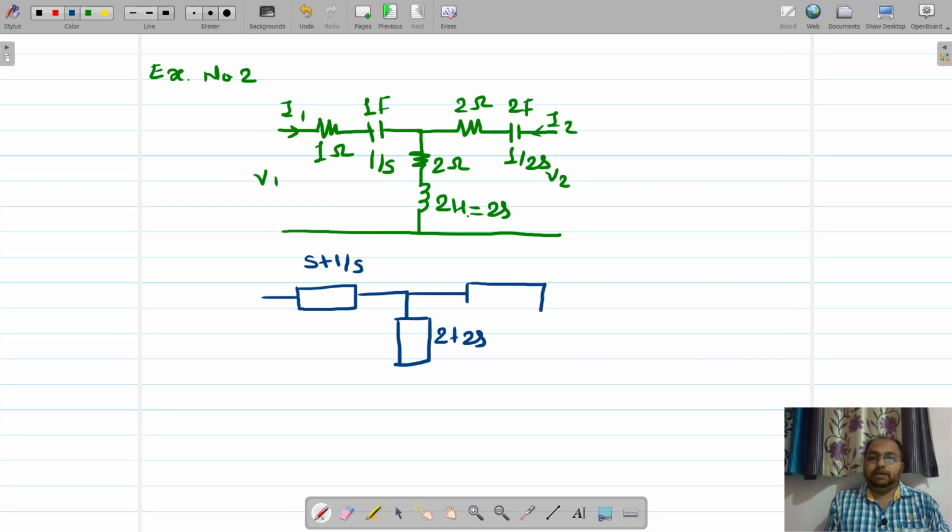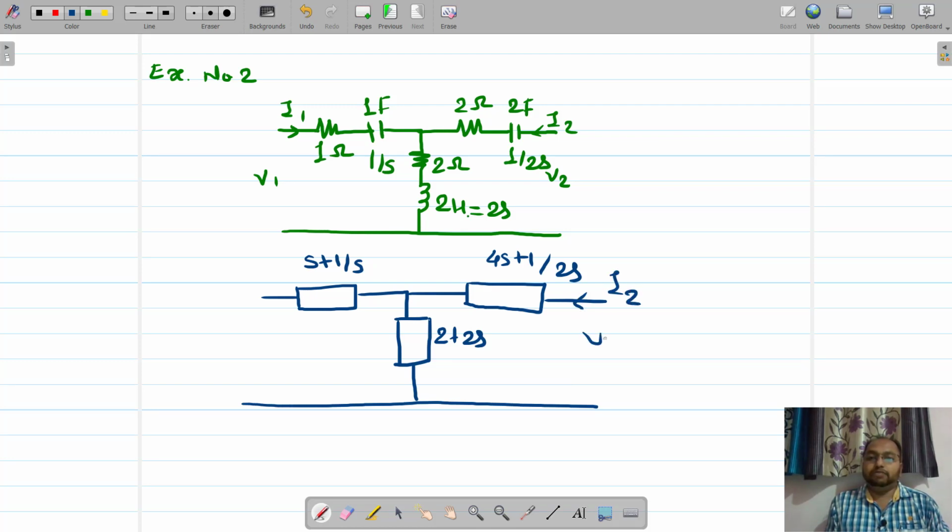This will have 4S plus 1 divided by 2S. Okay, so this is the modified circuit diagram to which we are going to apply H parameters, and we'll find out different equations for H parameters.